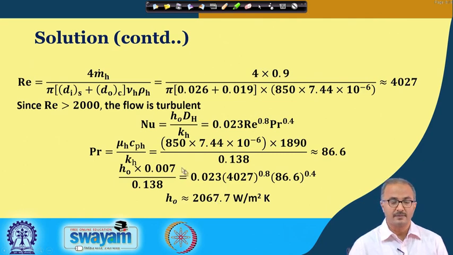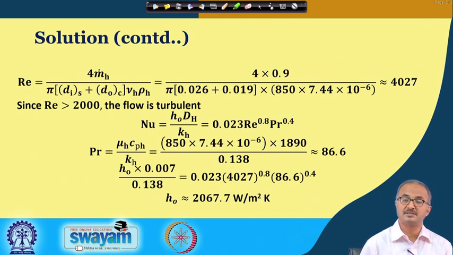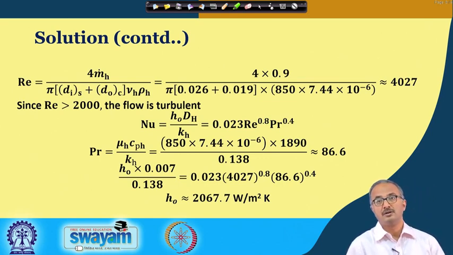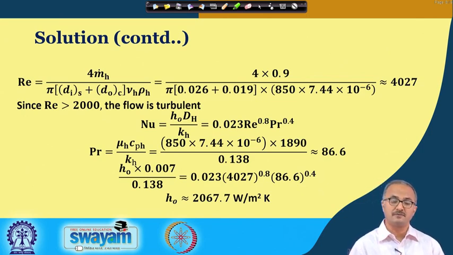Now you see that you have to be very, very cautious whenever you are using any kind of correlation for the heat transfer coefficient. The same applies for the mass transfer coefficient and also for the friction factor. So the fluid dynamics, that is the nature of the flow, is very, very important whenever you are selecting any kind of correlation.